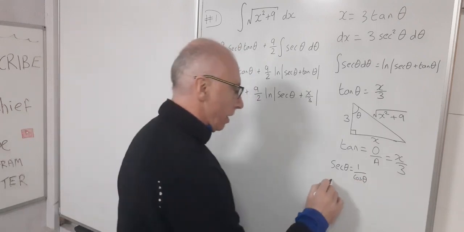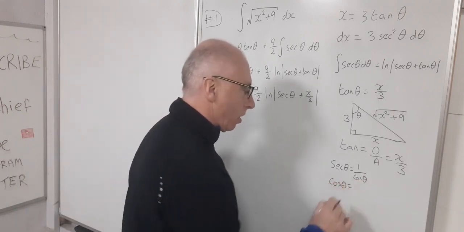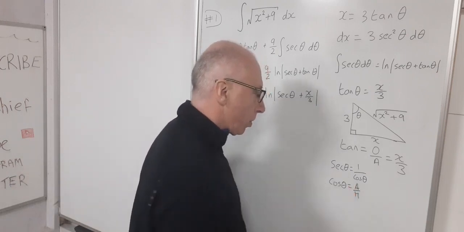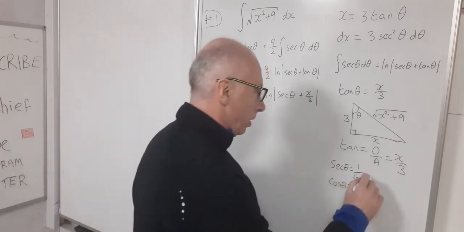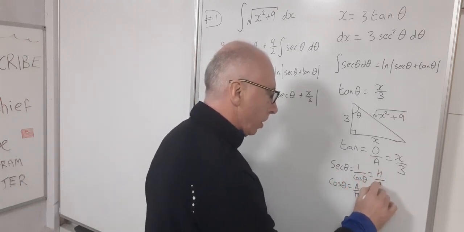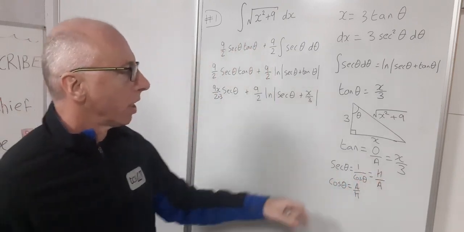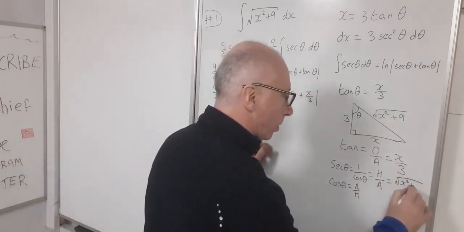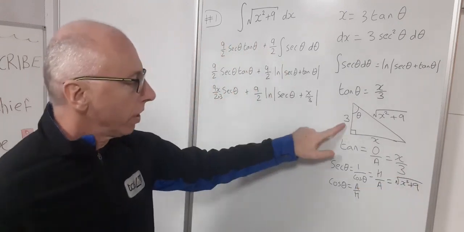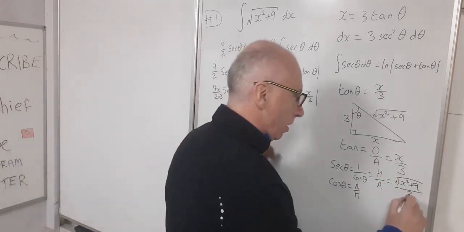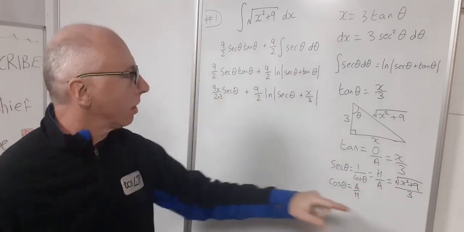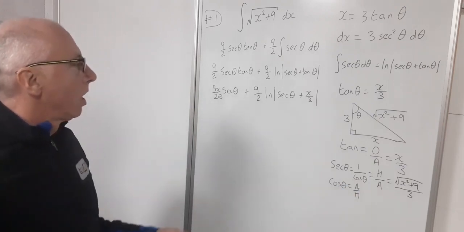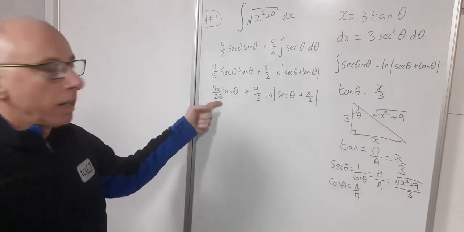Now cosine theta, we know that is adjacent over hypotenuse. So therefore secant is the reciprocal of that, which equals hypotenuse over adjacent. Now the hypotenuse we've got there, that's the square root of x squared plus 9, and my adjacent one is 3. So that there is my secant. So where I see secant, I can just plug in this value here.